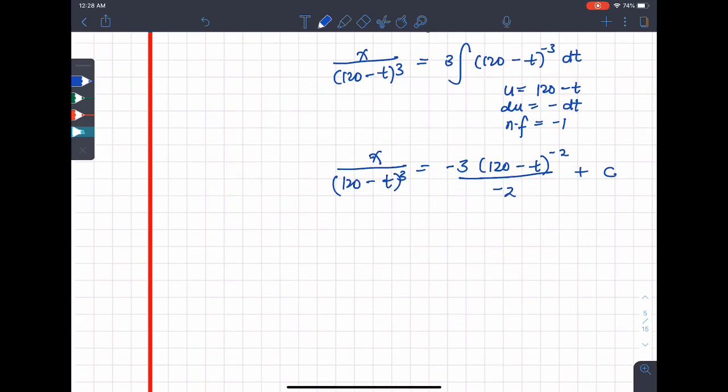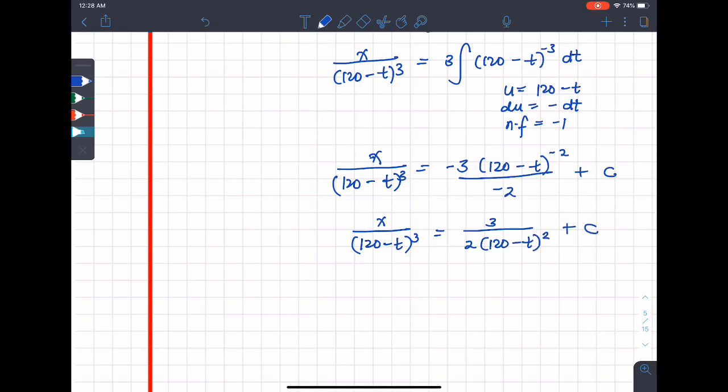Thus, x over (120 minus t) raised to 3 would be equal to 3 over 2 times (120 minus t) raised to 2 plus c.